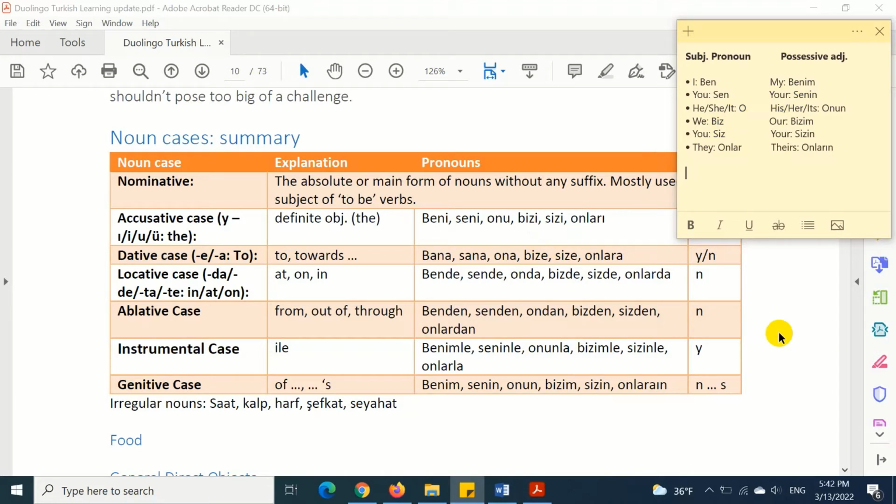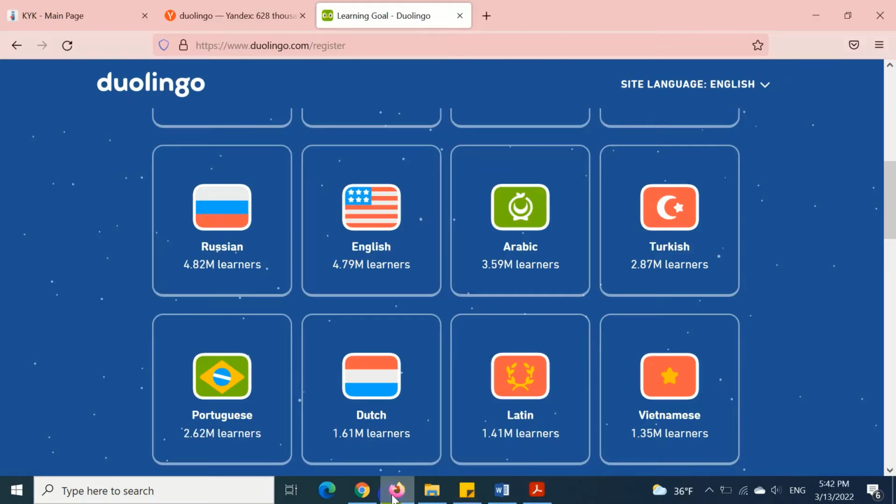Well, similarly, you should know that I'm mostly using Duolingo as my main resource for learning Turkish. Therefore, I strongly recommend Duolingo for learning any language, specifically as I have the experience of learning Turkish on Duolingo.